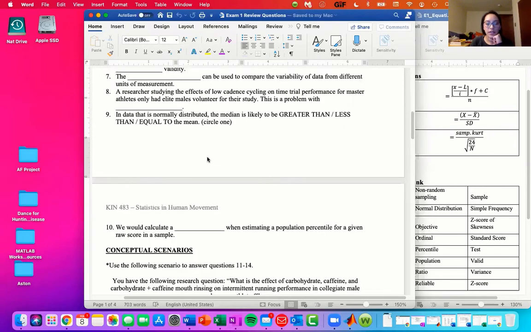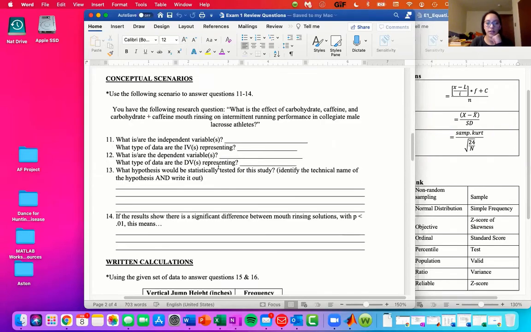The next section of the test usually, or another section, it's all randomized to shuffle around for each student. So your order will be different than other people in the class, but usually there's a conceptual scenario section where I give you a research example and then you identify certain pieces of information about that.